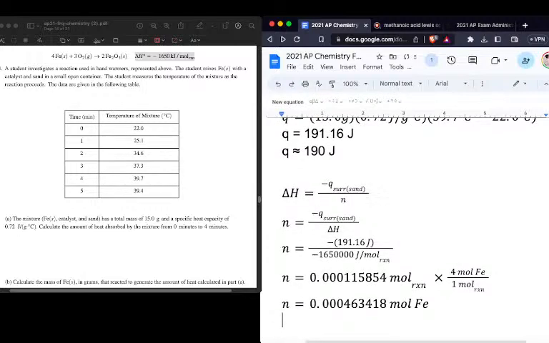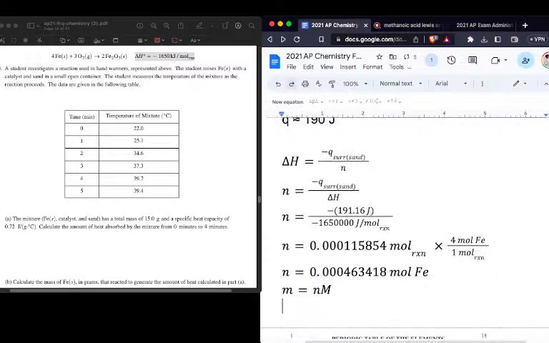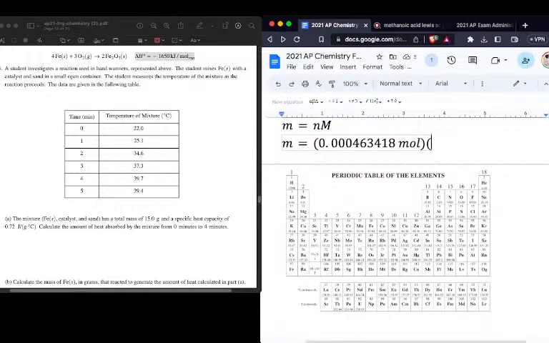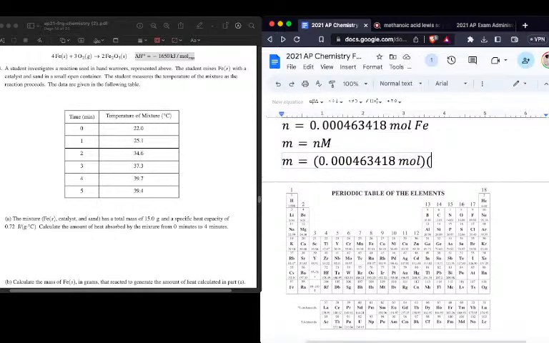And now they want us to convert that to mass. Mass equals moles times molar mass. Easy peasy. M equals 0.000463,418 moles times the molar mass of iron, which they say is 55.85.